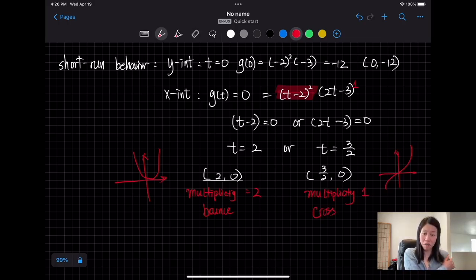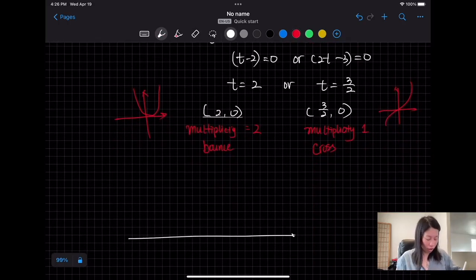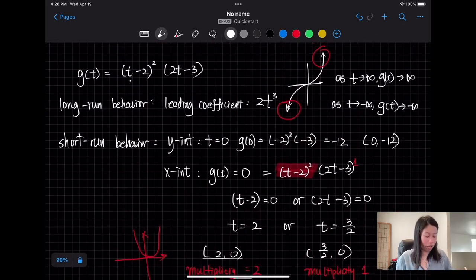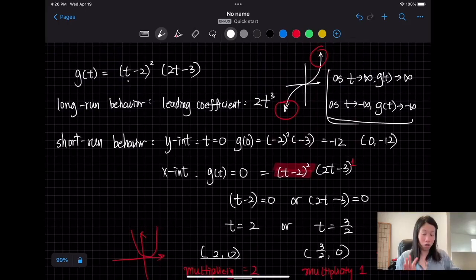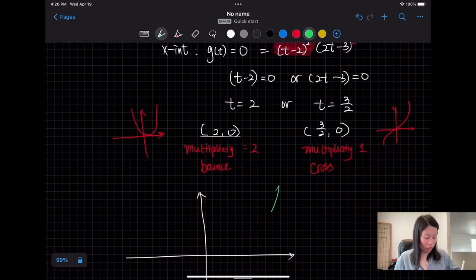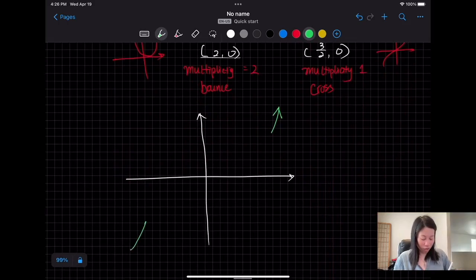Okay, with all of this information, we can draw the graph. I know that for the long run behavior, as t goes to infinity, g of t also goes to infinity. So the right end goes up here. As t goes to negative infinity, g of t also goes to negative infinity, so the left end goes to the lower part, the third quadrant.